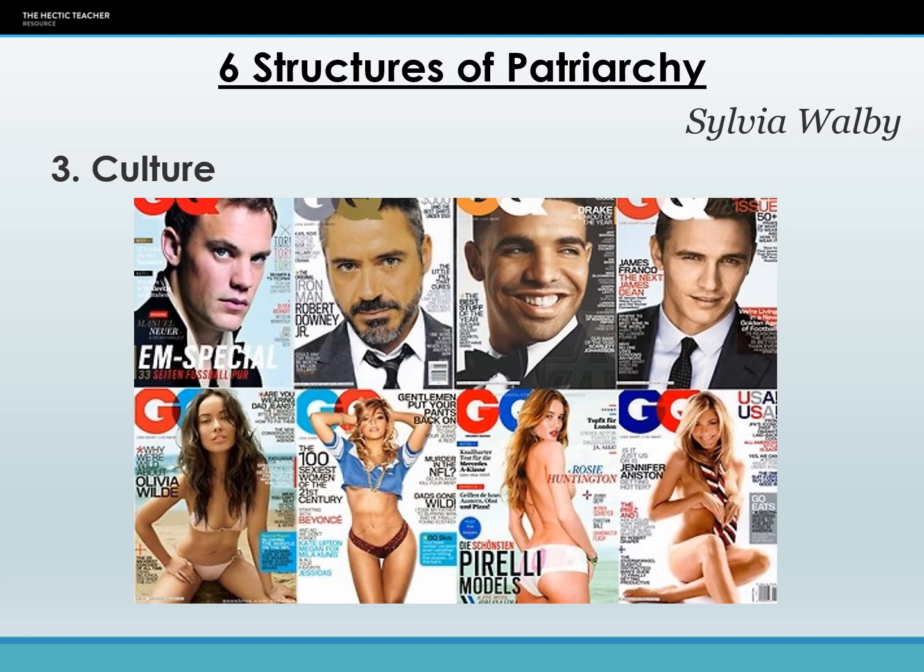Their value is determined by their beauty, if you like, whereas men are portrayed in a more suave, sophisticated way.